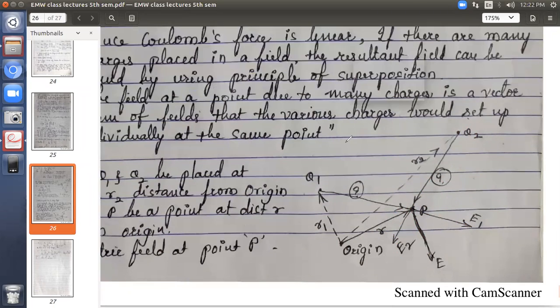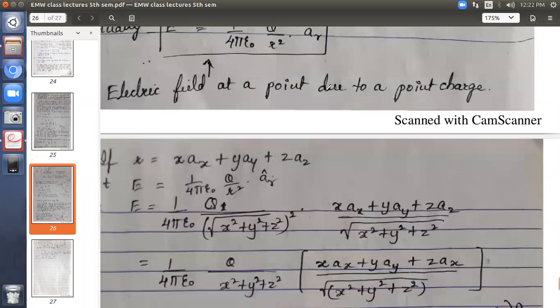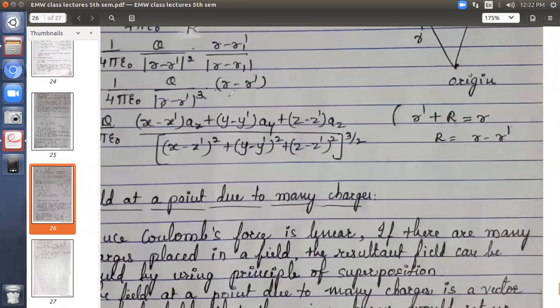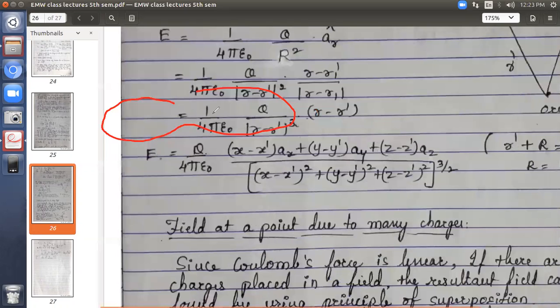In the equation form, using the unit vector, how to find the direction of E. Then how to find the electric field intensity in vector form. This is important. How to find the E in vector form.